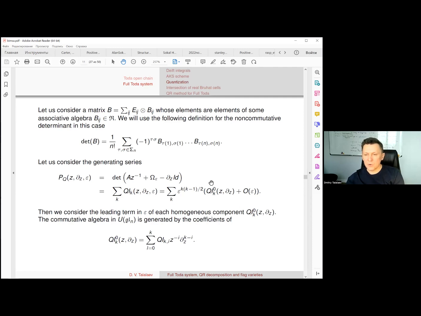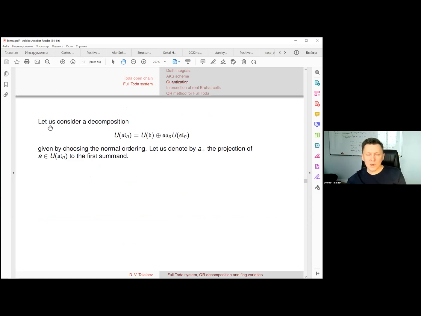And the leading terms of these expressions generate, so they produce some coefficients. So the differential operator on Z, and the coefficients are just some elements of our non-commutative algebra, of the universal enveloping algebra.